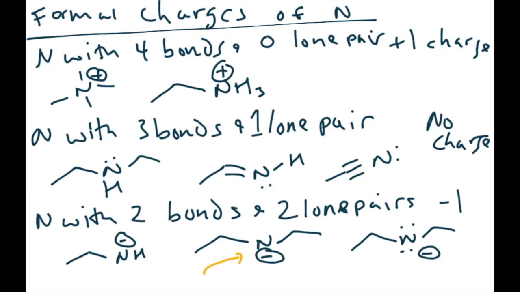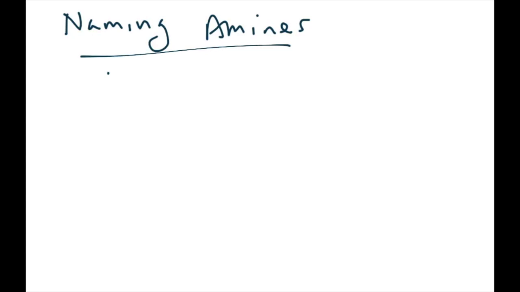So naming for amines is perhaps the most straightforward in terms of the suffix of all of the suffixes. Right? So naming amines. You remove the E from the end of the hydrocarbon.